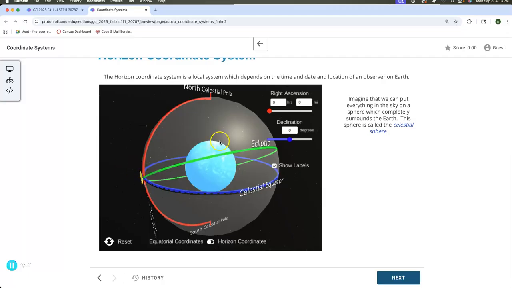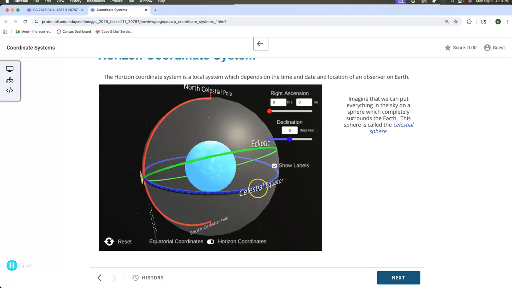All right. And notice that the ecliptic and the equator don't line up, right? Why? Is it because the sun is tilted? No, the Earth is tilted, right? The Earth's axis is tilted relative to the sun, but this whole map, this whole equatorial coordinate system is based on how things look from the Earth.